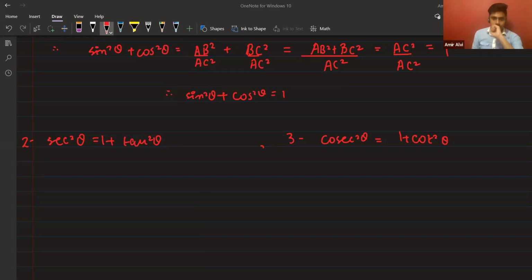Let's take one basic example of how to apply them. The question is: express cos A, tan A and sec A in terms of sine.